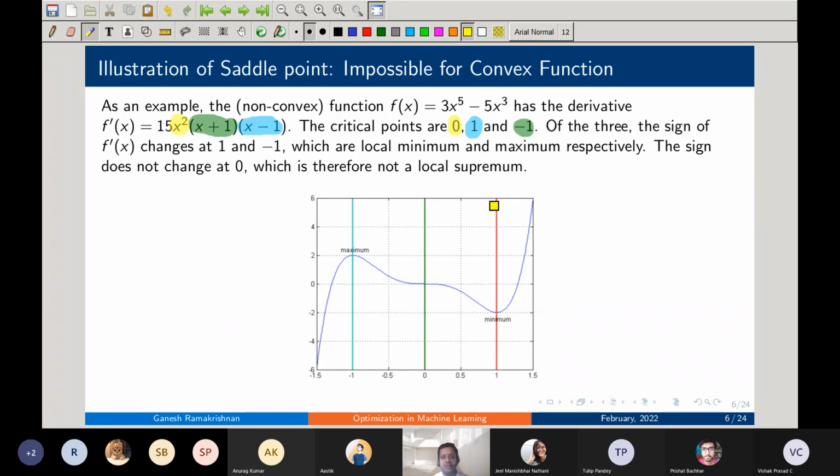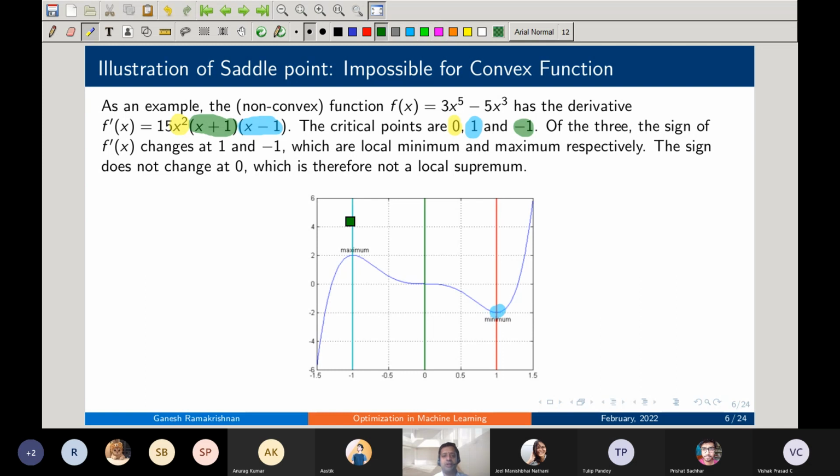So let's try and understand with respect to this image. At this point in red here, this is 1. Right here, the sign of f'(x) changes. Let's highlight this in blue. At this point, again the sign of f'(x) changes.